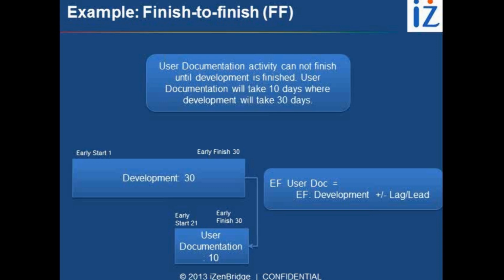Here also you may have lead and lag, and they will have a similar impact as in the previous example. If there is a lag, then I have to wait further to finish my activity. If there is a lead, then I can finish in advance as per my defined lead time.